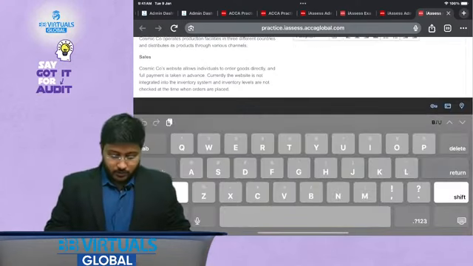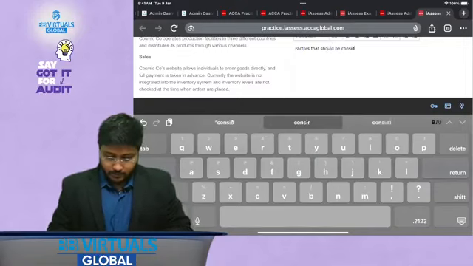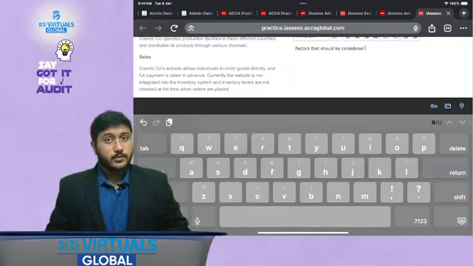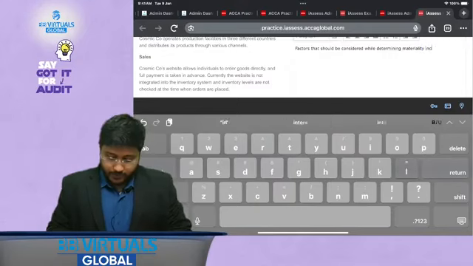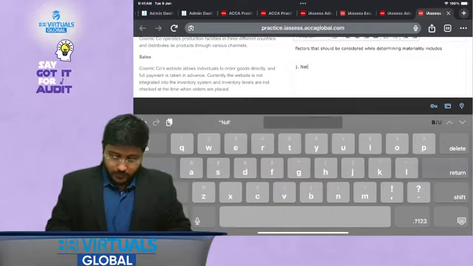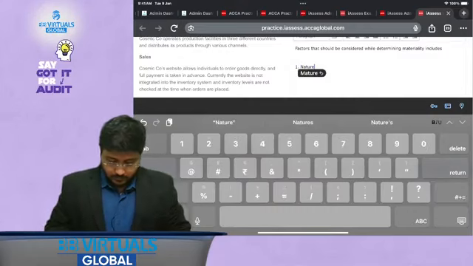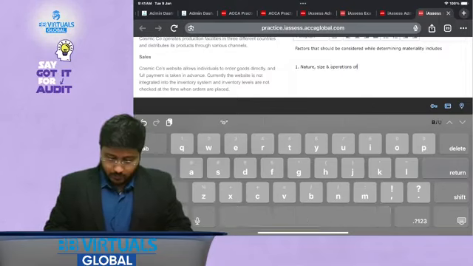Okay, so factors that should be considered while determining materiality include, these are not specific, but this includes what? So number one, this includes the nature, size and operations of the entity.